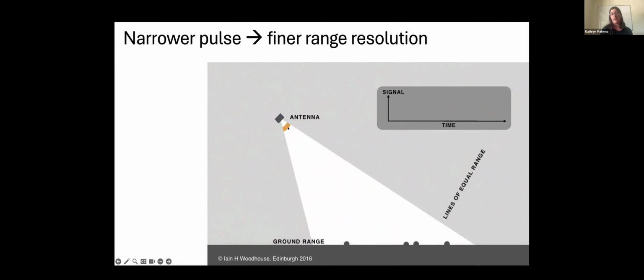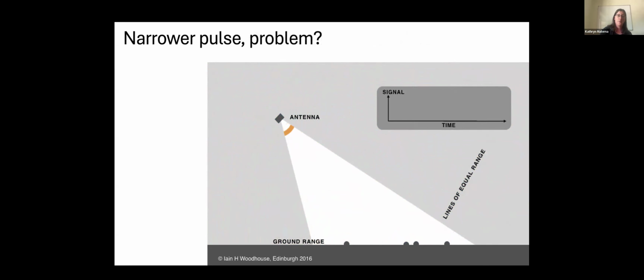And that short pulse going out in all directions would hit each target on the ground and return back, and because it was such a short pulse, the arrival time of that pulse can be very precisely determined, and therefore the distance to the targets can be precisely determined, so we can construct an image. We would want a narrower pulse to achieve this fine range resolution. That would allow different pixels to arrive at separably different times.